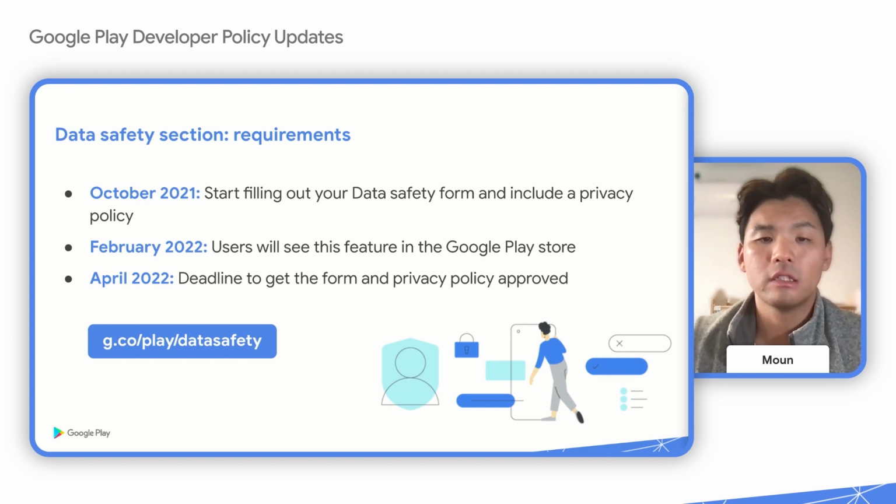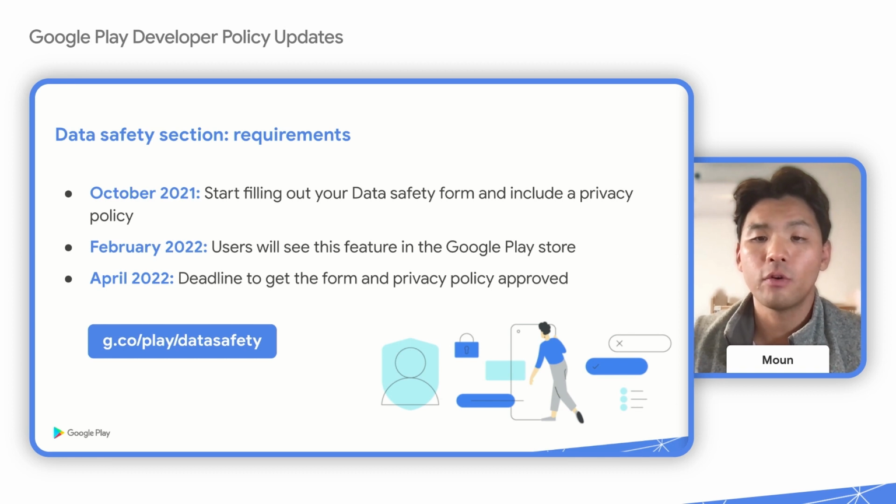As we shared earlier this year, all developers must submit this form and include a privacy policy even if your app doesn't collect or share personal and sensitive user data. So next February, users will start to see this feature in your app's Google Play Store listing.